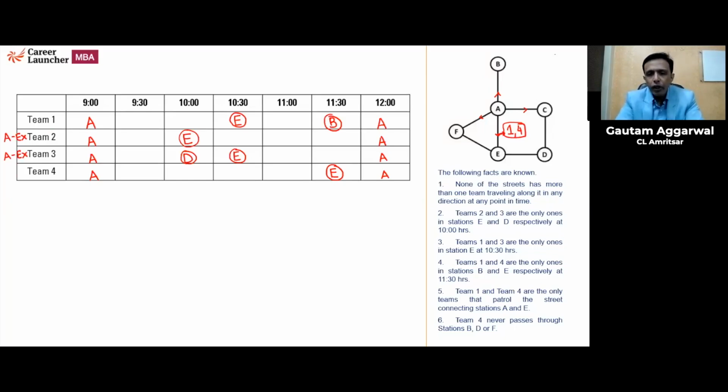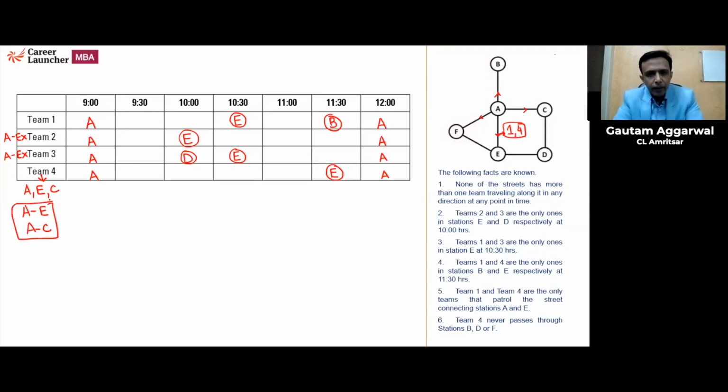And then Team 4 cannot pass through B, D, F. Now, if they cannot pass through B, D, F, what is left with only A, E, and C for Team 4? So Team 4 had only the options of traveling from either A to E or E to A, or A to C and C to E. The other options are violated in this case. So it can travel either on the AE route or on the AC route.